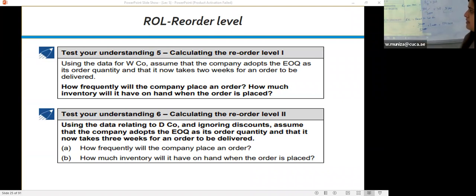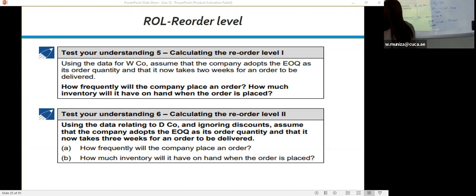How frequently will the company place an order? That is for D company, the one which you tried by yourself. What has been the annual demand for D company? 45,000. And what was the EOQ? 3721.